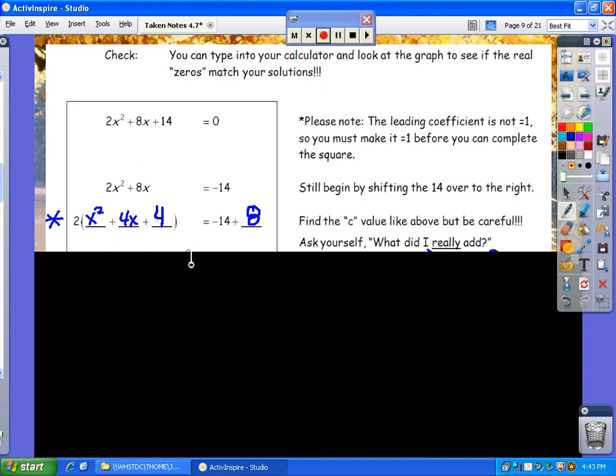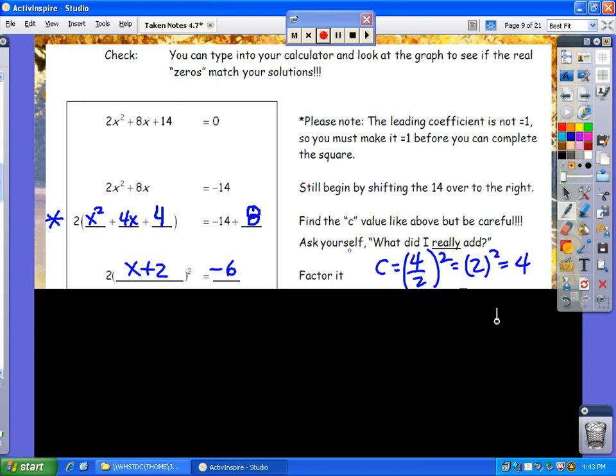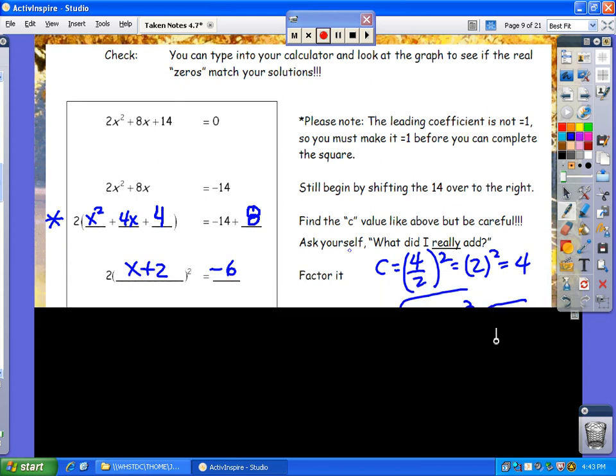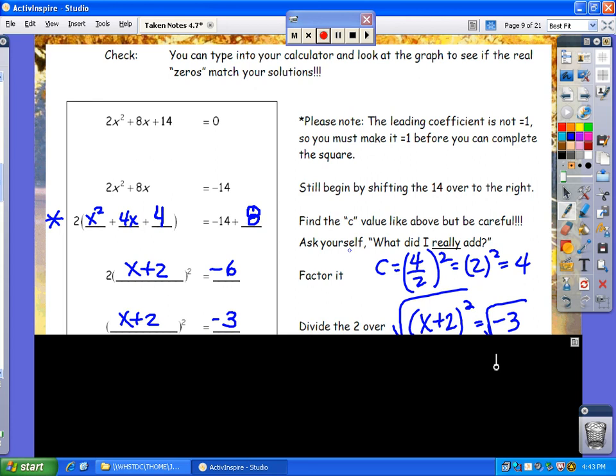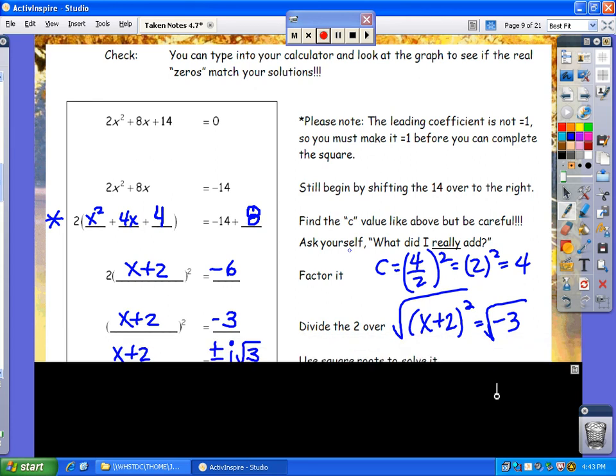That's one of the common mistakes that people make. They want to put a 4 over here instead of an 8. But if you factor something out, you've got to remember to multiply it back to add that 8. Alright, now we're going to factor the trinomial. Divide by 2. Take the square root of both sides.